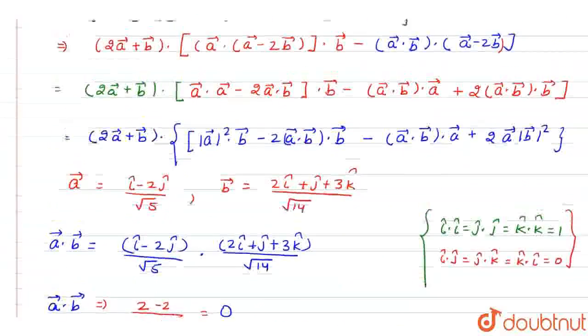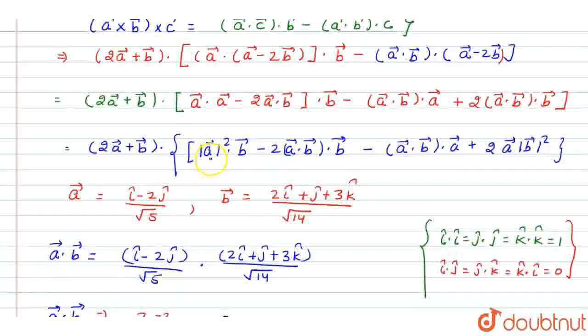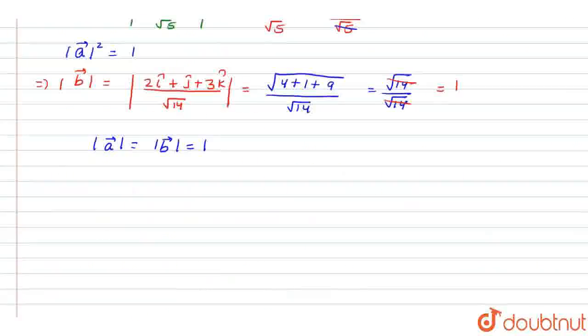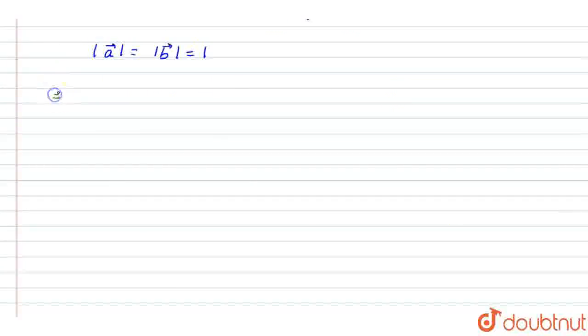Now we have to solve this equation. Here we put the value of the magnitude of a vector whole square, a vector dot b vector, and also the value of the magnitude of b vector whole square. Now the value is equal to 2a vector plus b vector dot product with 2a vector plus b vector, where the a dot b terms equal 0, and the magnitude of b vector square is equal to 1.